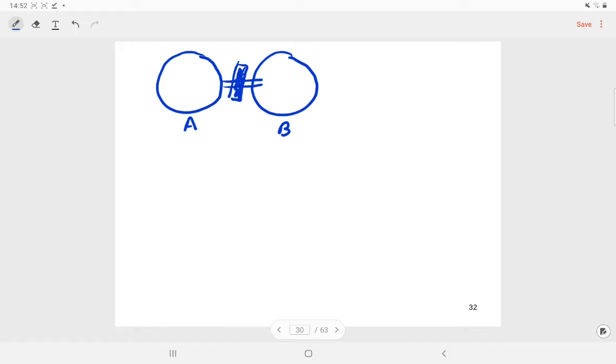In vessel A, I have helium gas, which is 750 millimeter mercury. And in vessel B, I have neon, which is 3 atm.